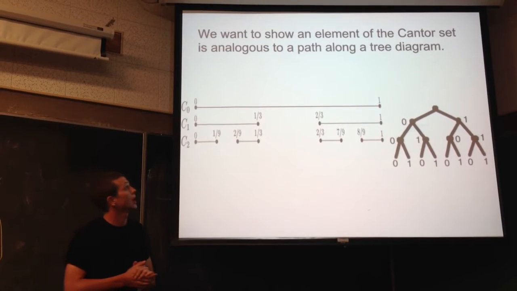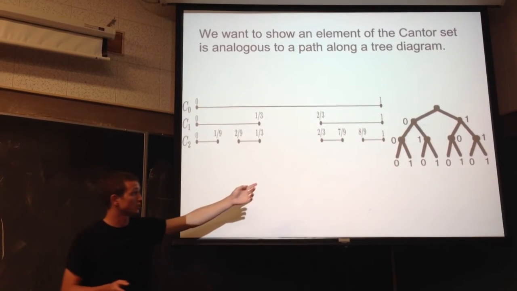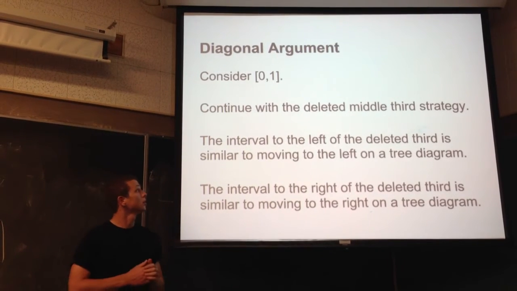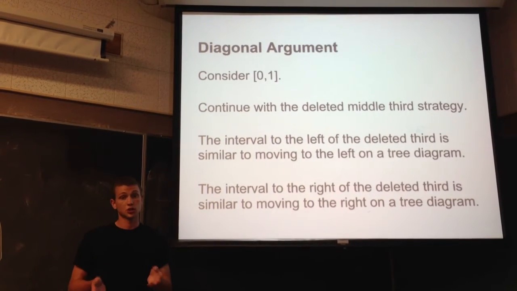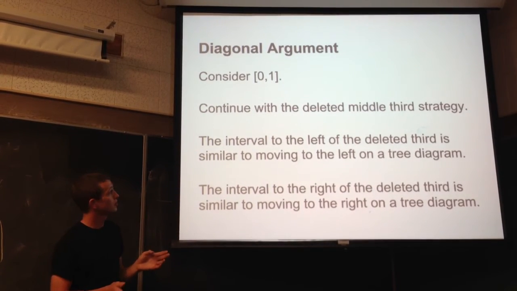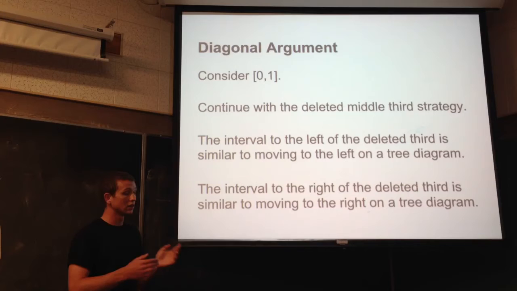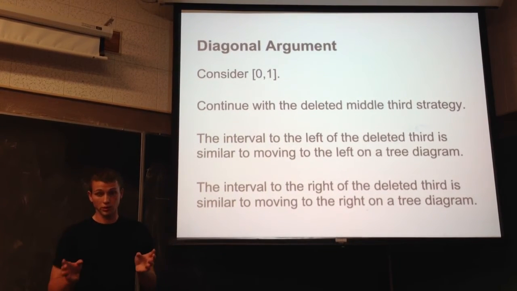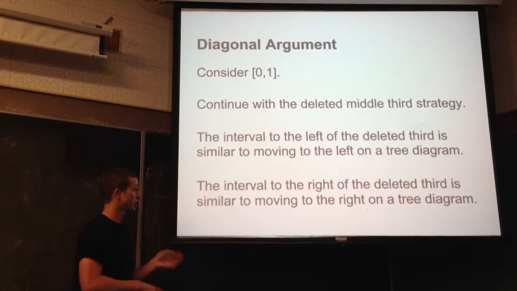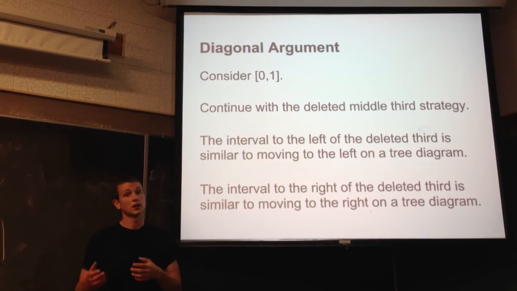So we want to show that an element of the Cantor set is analogous to a path on a tree diagram, as we've seen. And we'll do this by considering the closed interval [0, 1] and continuing with the deleted middle third strategy that we've been using. We will denote a movement to the left on the tree diagram as the interval to the left of the deleted third, and the interval to the right of the deleted third is a movement to the right on the tree diagram.